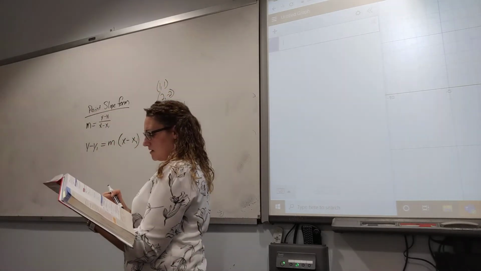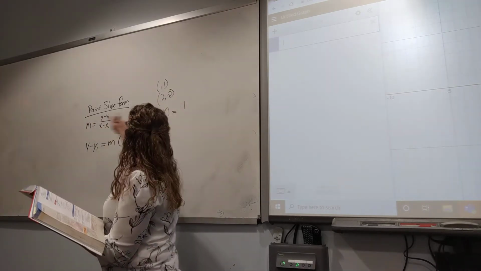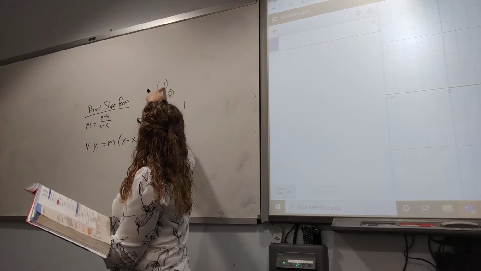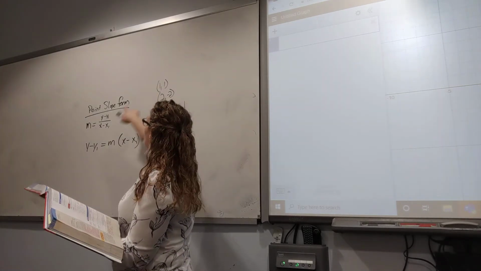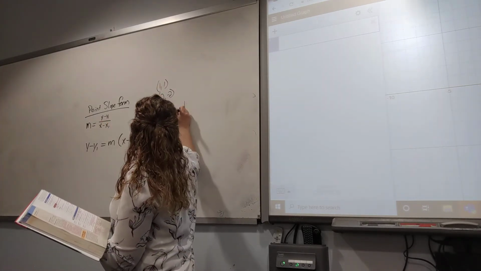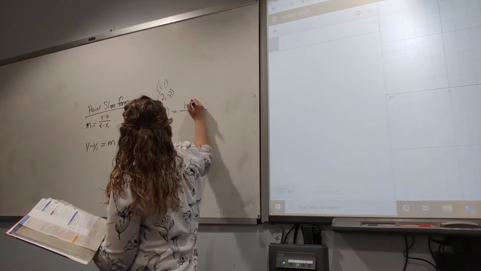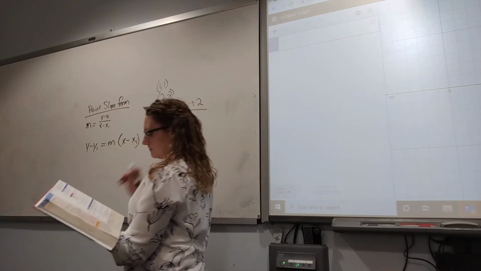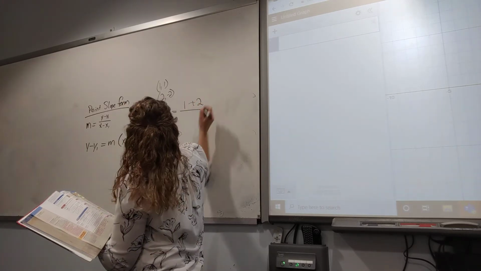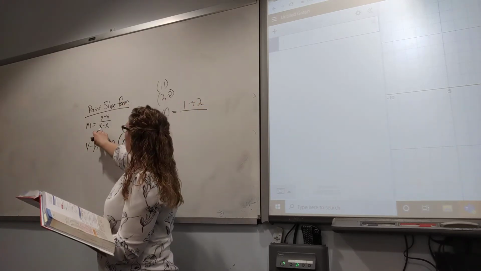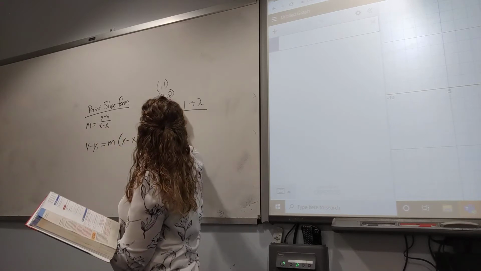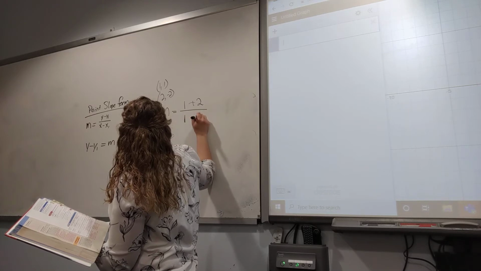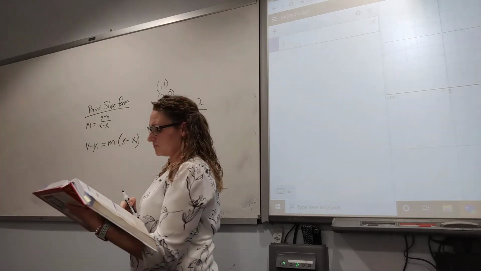So for this one, the numerator is going to be coming from this, right there. There's x and y. We're going to take that y, and then the second y is negative 2, so 1 minus negative 2 is positive 2. Right? There's x minus x, so 1 minus 2.